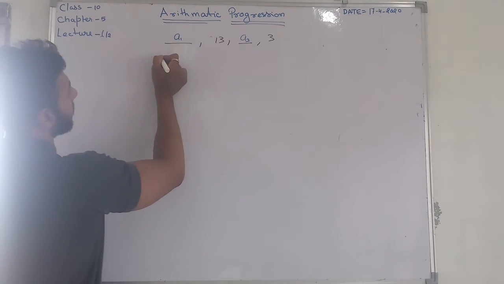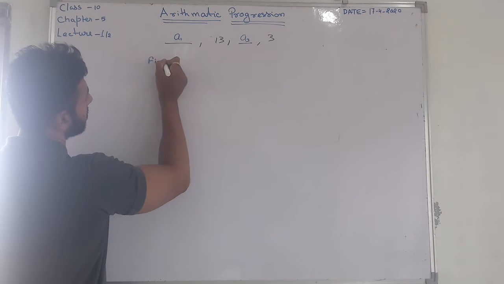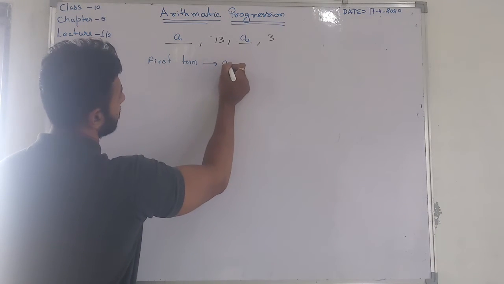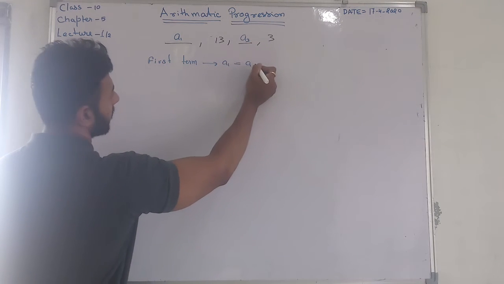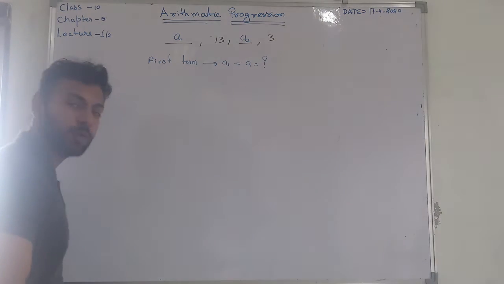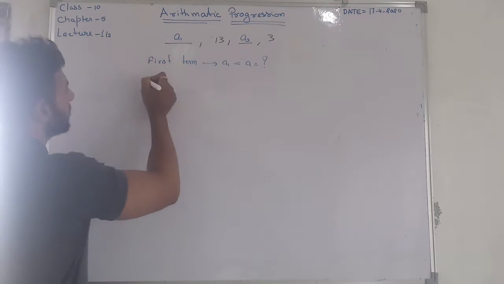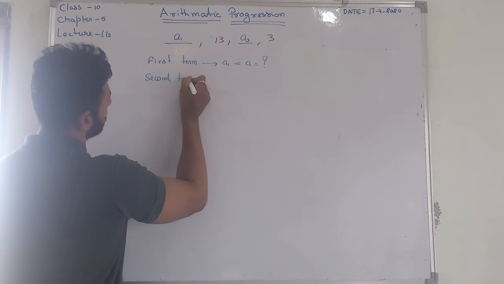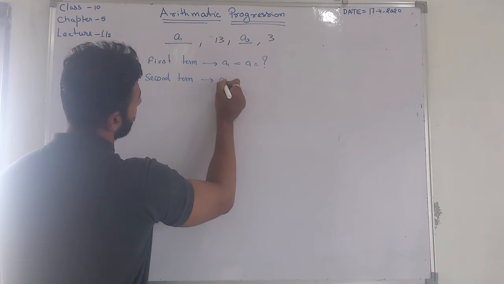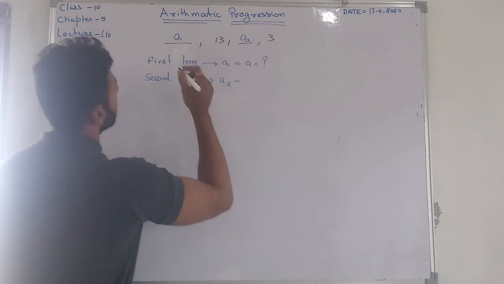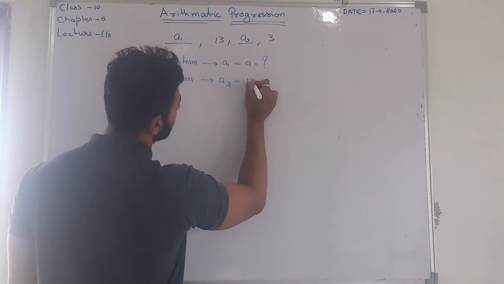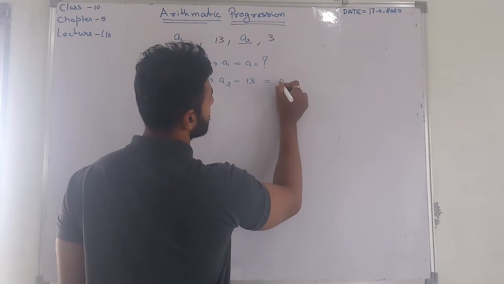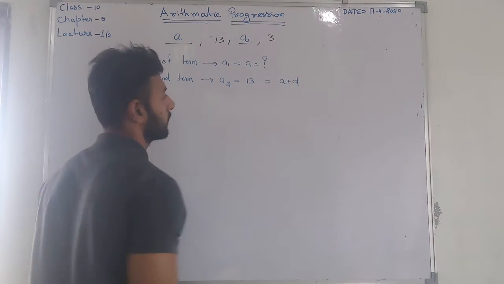Now, the first term is A1, which is a, and which is missing right now. We have to identify it. What is the second term? The second term is A2. A2 is 13 and A2 can also be written as a plus d.